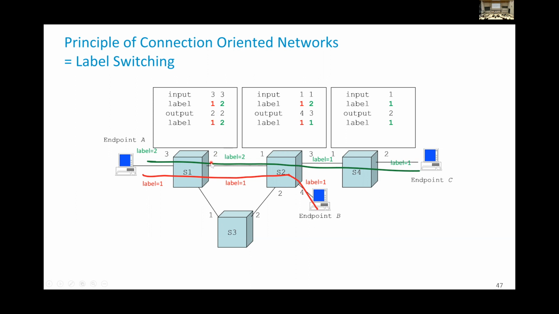Why do we do this? Well, this imitates exactly this circuit switching principle, and the major motivation to continue to do it today is to be able to reserve resources along the path. While we do this, we could do something that we will not discuss in detail, where we might decide for the green path to allocate 1 megabit per second.